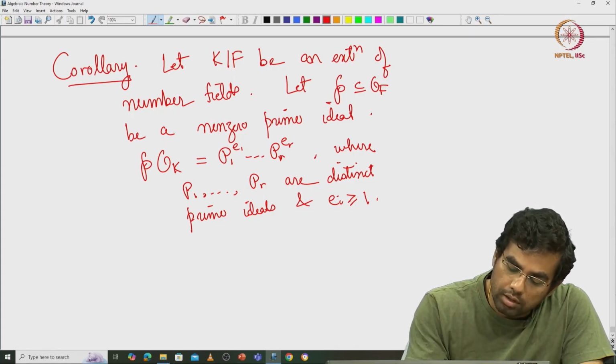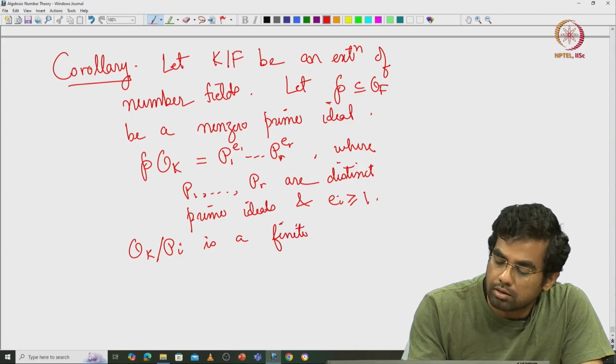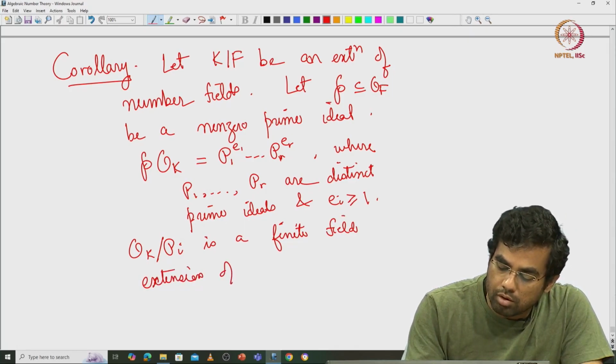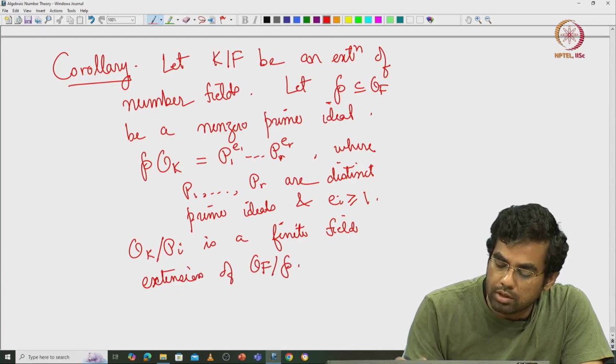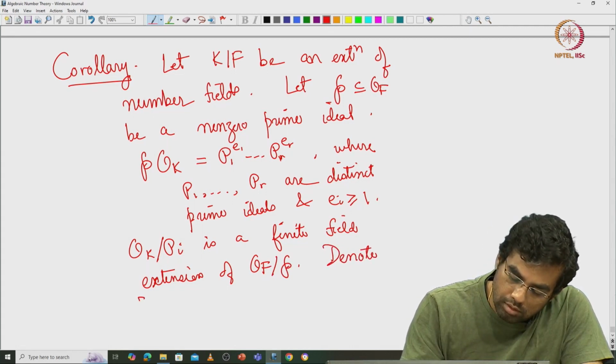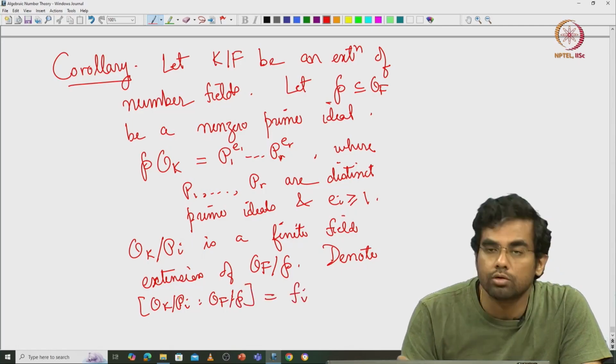And we saw that O_K mod P_i is a finite field extension of O_F mod P. This we have already seen before. We denote the degree of this extension, O_K mod P_i over O_F mod P, by f_i.